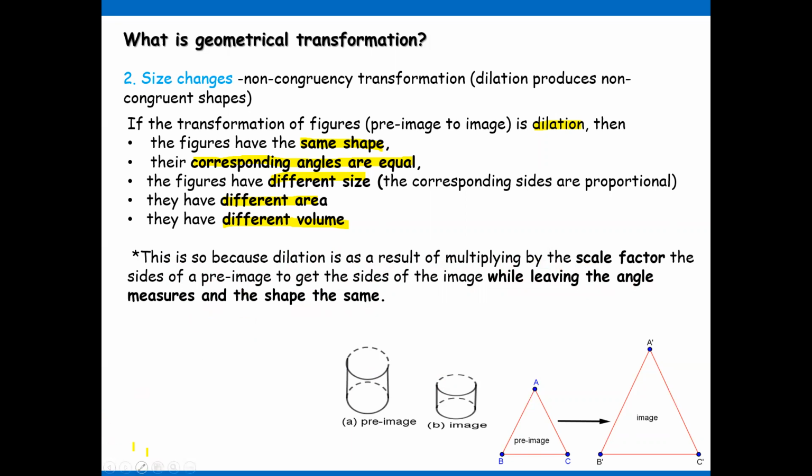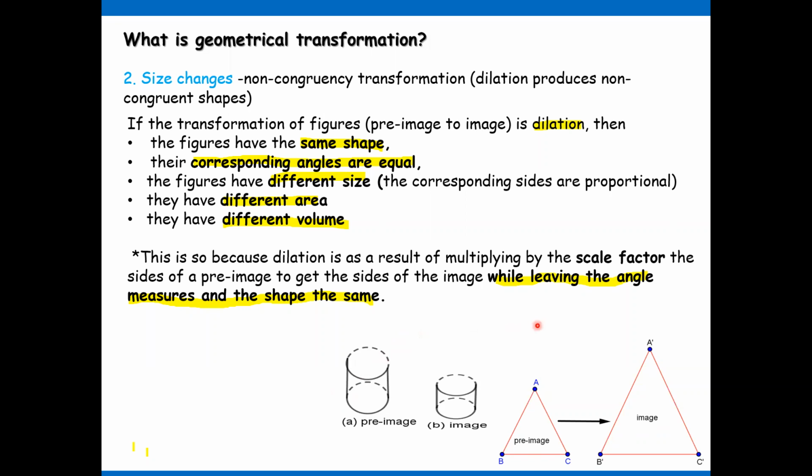That is an important fact that you should always remember, that dilation, the fact that we multiply with the scale factor, is only going to affect the sides. Hence, when the sides are affected, we are talking of the change in what? In size. So when the size changes, you can't expect to have the same area. You can't expect to have the same volume, right?